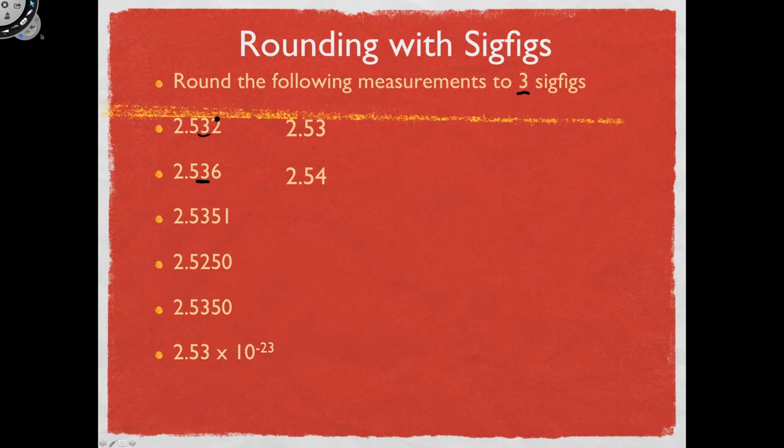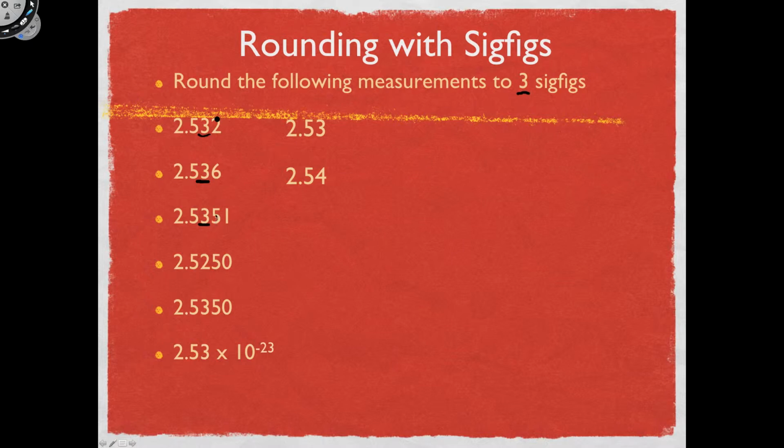Now it gets a little bit tricky when you're dealing with the 5 rule. It's not as easy as normal math. So let's take a look. 2.5351. We have a 3 here, and we have a 5 next to it. Again, the 3 is the third sig fig, so we want to round to this number here.